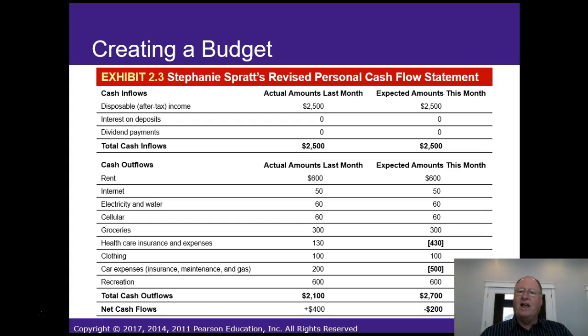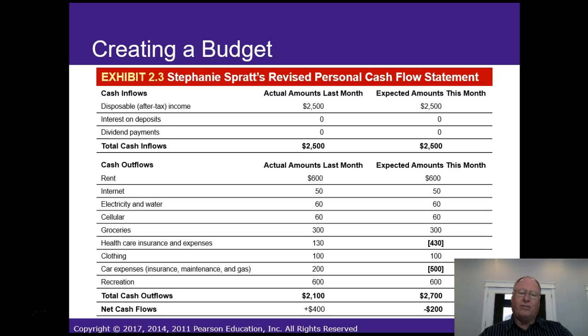She has put in adjustments for those items that are anticipated to come along. If you have small shortages, those can usually be made up through your checking account. But if you have large shortages, quite often you may rely on credit, or on savings or some other vehicle to make up those shortages.